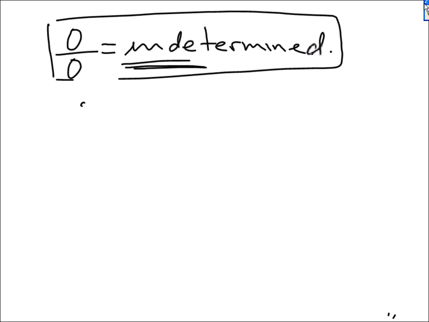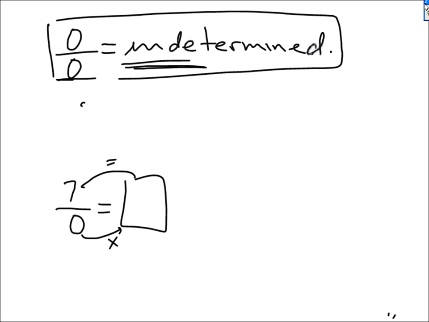What if we do have 0 in the bottom, but we don't have 0 on top? Say 7 on top. Well, just ask yourself, 0 times what equals 7? And if you get an answer, make sure you don't get 2 or 3 answers, because we can't get more than 1 answer.